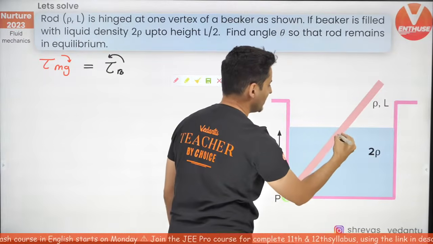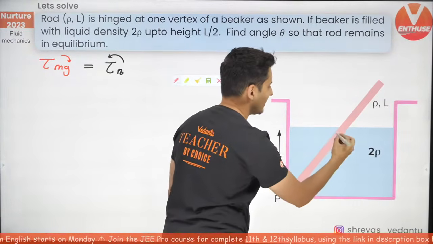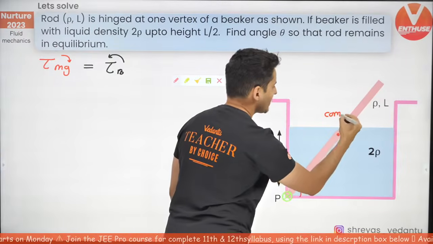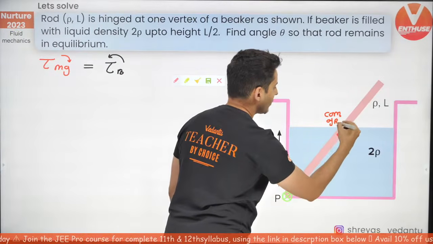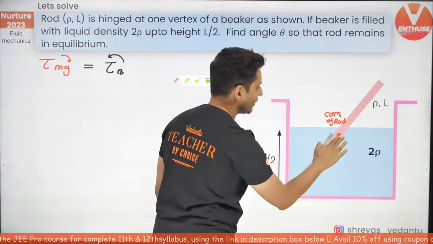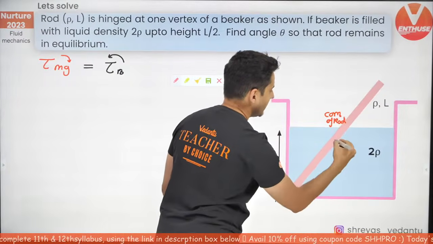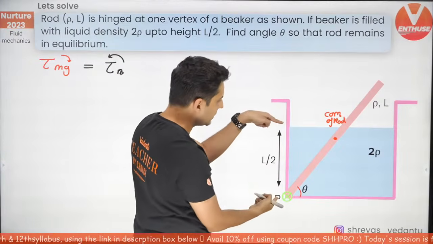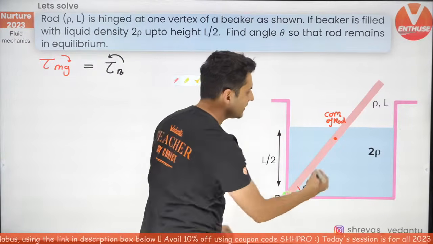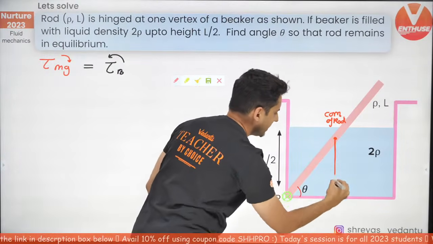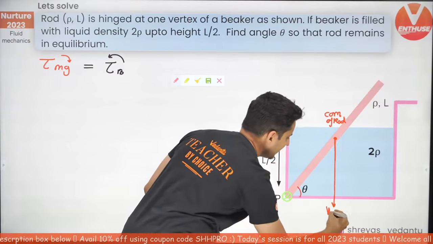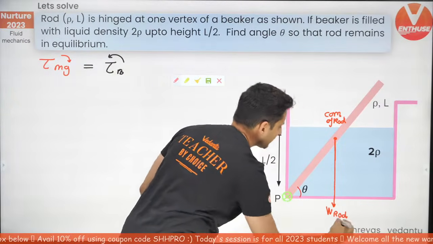This is where the center of mass of the rod is. Let's say I'll put it over here. Maybe somewhere over here, because this is L by 2. So I'll just put it like this. This is the weight of the rod.